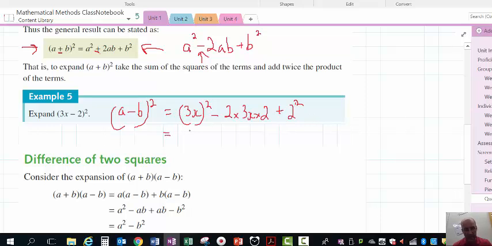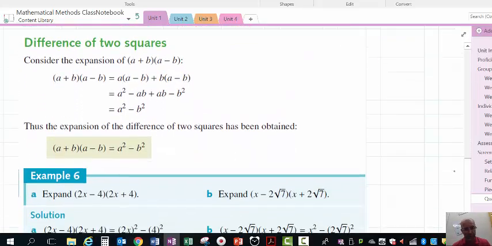And on the next line, 3x all squared is 9x squared, 2 by 3 is 6, 6 by 2 is 12, that's minus 12x, 2 squared is 4, and that's as far as we go because all the like terms are collected.